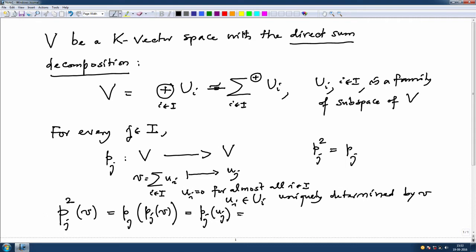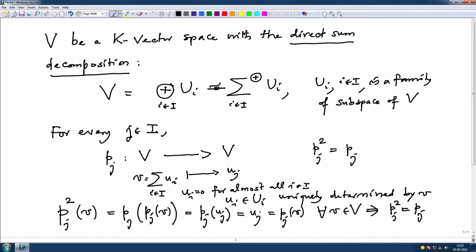So, this is nothing but uj, which is Pj of v. So, on every v, Pj square and Pj are equal. This is true for every v in V. So, that proves Pj square equal to Pj.